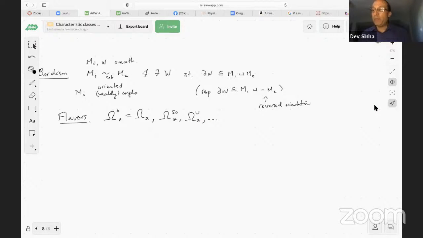And it's fairly clear to see that in all cases, omega whatever star sub 0 is either Z in the oriented cases or Z mod 2 in the unoriented case, because if you have two zero manifolds, their union. So by the way, you allow M1 or M2 to be empty.